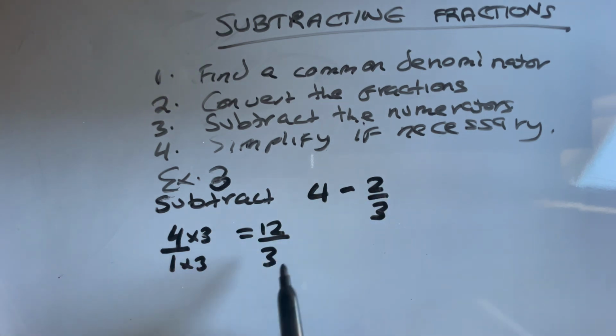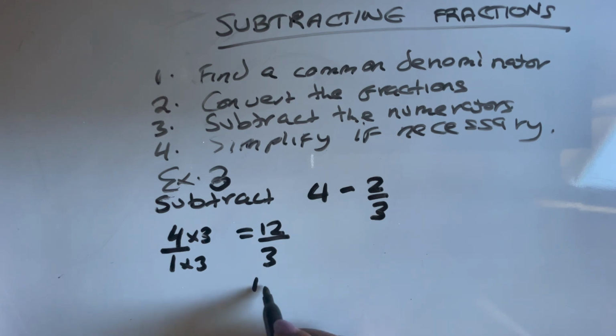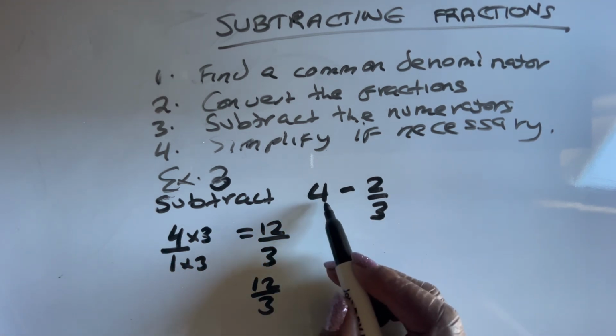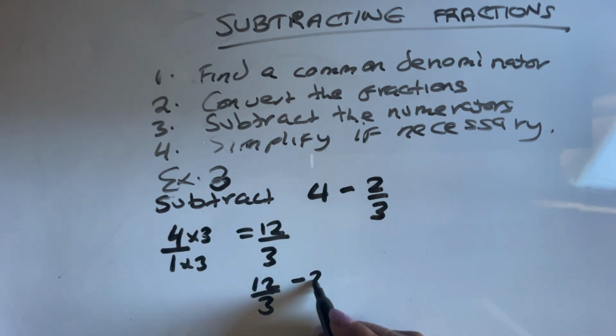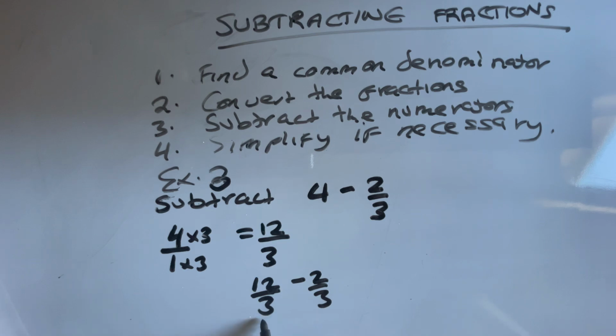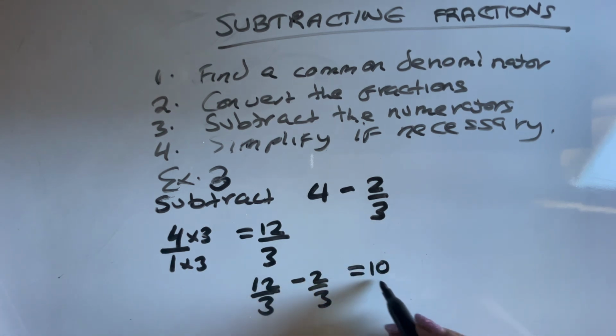So now both 4 and 2/3 have the same denominator, because our new fraction is now going to be 12/3, which is the same thing as 4, minus 2 over 3. Now that we have them with the same denominator, we are going to subtract the numerators. 12 minus 2 is equal to 10 over 3.